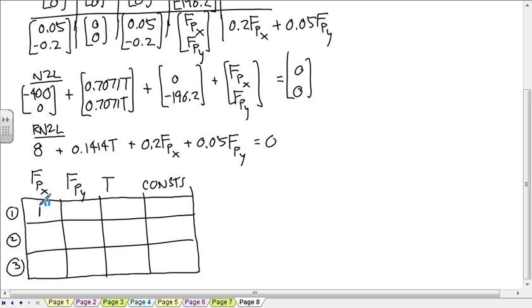We have 1 FPX, 0 FPY, 0.7071 T is equal to positive 400. Equation 2 is the y component, 0 FPX, 1 FPY, 0.7071 T is equal to positive 196.2.